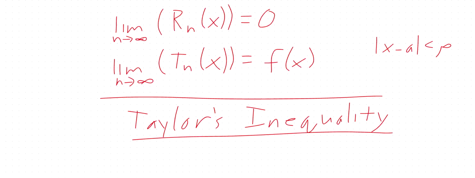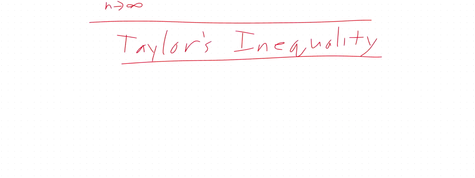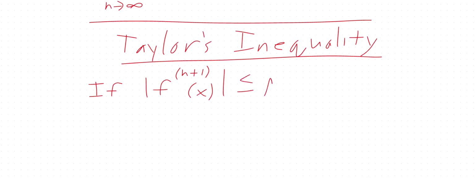That says if the absolute value of the n plus 1 derivative of f is less than or equal to M for our absolute value of x minus a being less than some value d.